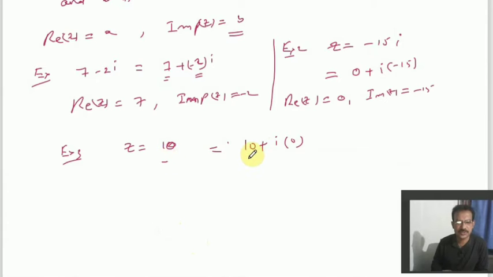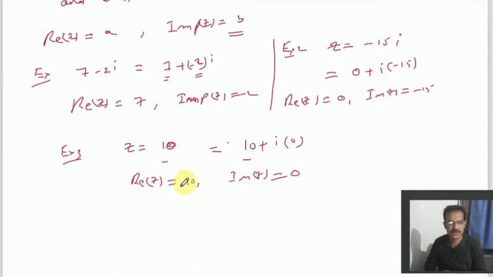So 10 can be written as 10 plus i into 0. So real part of z is equal to 10 and imaginary part of z is equal to 0.